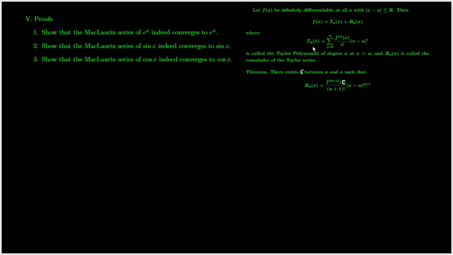So all the T sub n of x, for all n's, form the partial sum sequence. In order to show the Maclaurin series indeed converges to the given function, all we need is to take the limit of T sub n of x, the limit of the partial sum sequence. We'll do that.